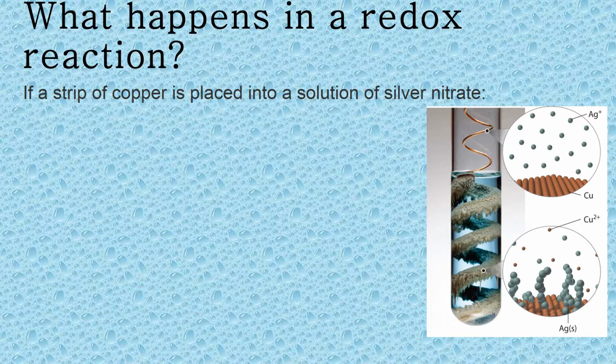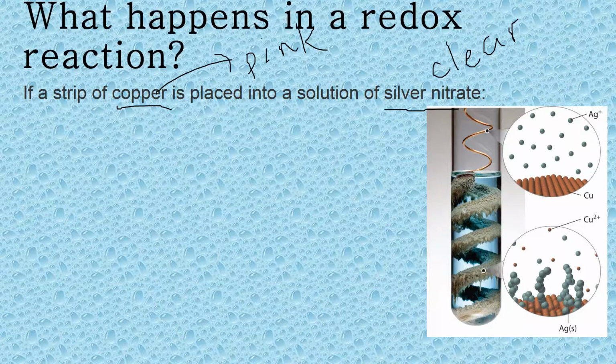We've got an example of a strip of copper being placed in a solution of silver nitrate. Now, I don't know if you remember, but copper is a pink solid, and that's the wire that you see there. Whereas silver nitrate is a clear, colorless solution.